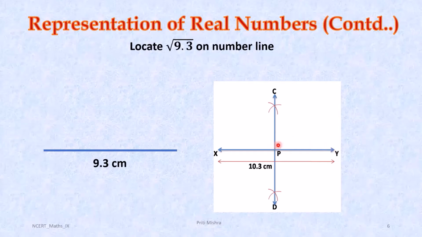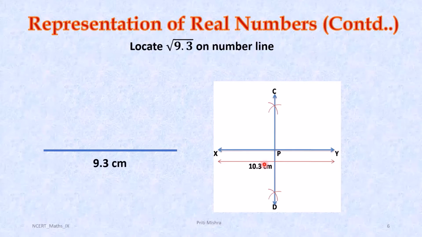We need to measure a length more than half of XY, and we will mark 2 arcs from the point X, one above and one in the below direction. Then from the point Y, we will mark arcs with the same length. Here we got the point P, on the perpendicular bisector of line XY.